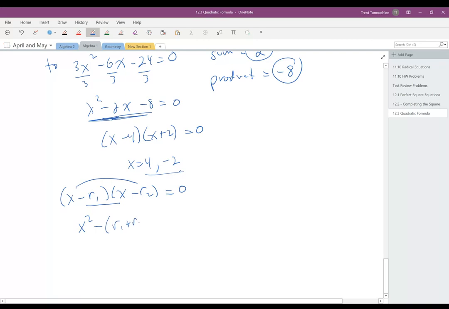So we can combine those together. And then we multiply negative R1 times negative R2 to get R1 times R2. So we can see that this is the product of the roots, that c term. This is the sum of the roots, but it's got to be the opposite, because when we talk about roots, it's always x minus that. And so that's where that negative and opposite comes into play on these.